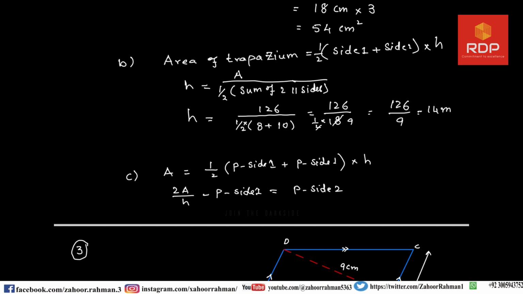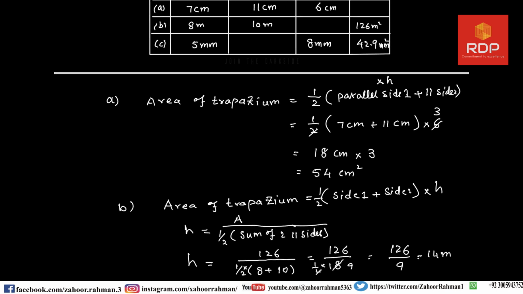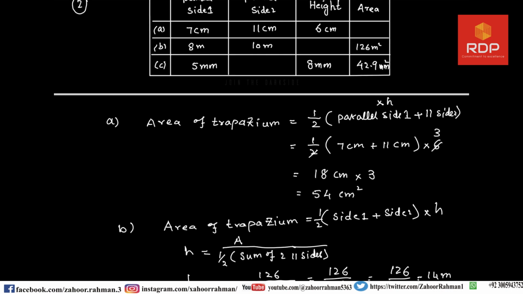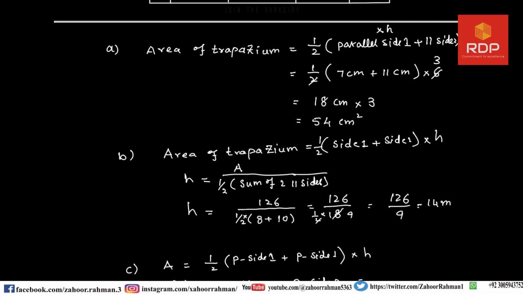So here we have to insert the values. The area given to us in this case is 72, dear learners. This is 72, so I am writing 72 mm square.